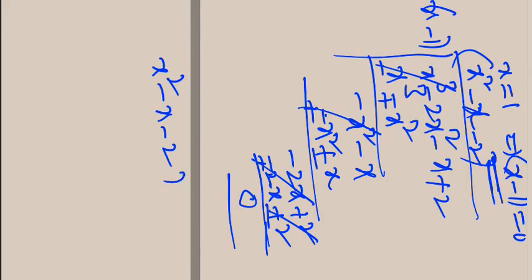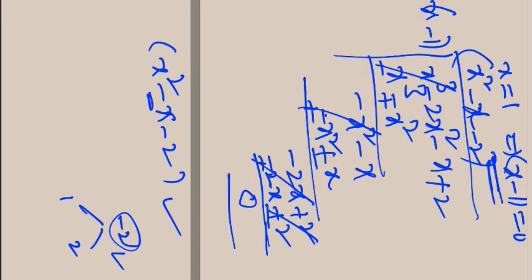But the quadratic expression we can again factorize, by using the splitting method or whatever it may be. If I split, first for minus 2 we find the factors: 1 and 2 are factors, and the middle term is minus 1.